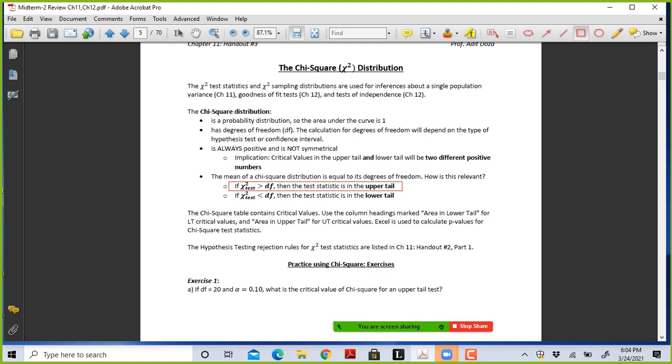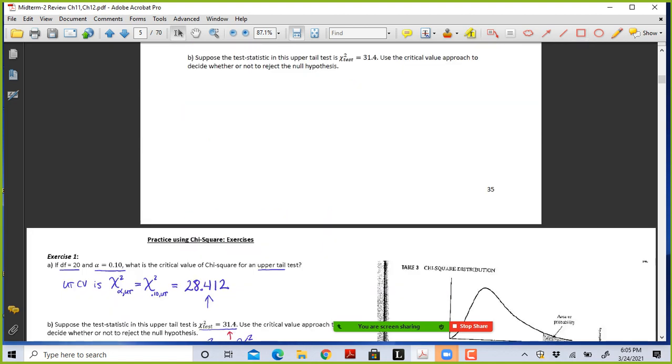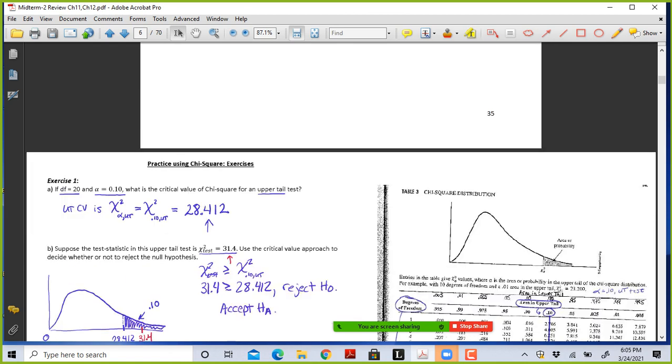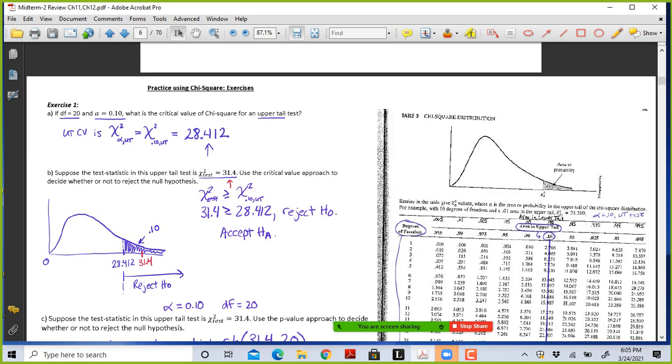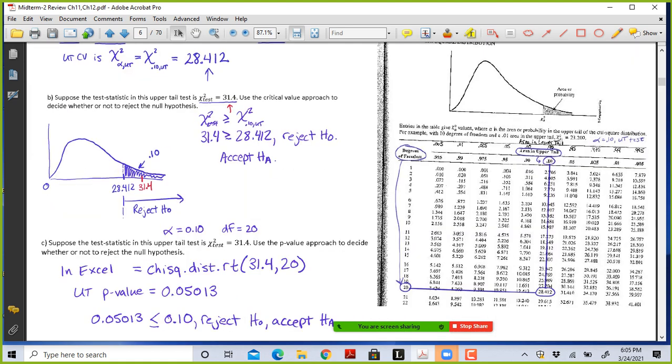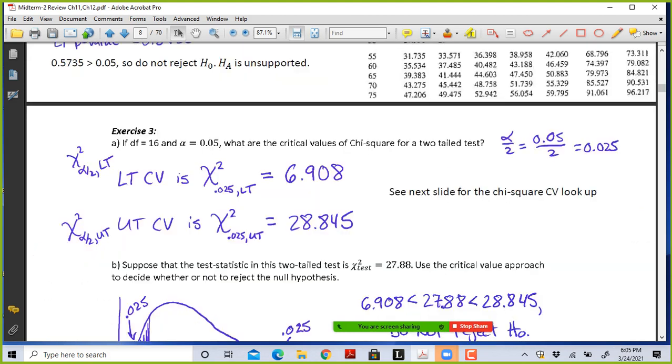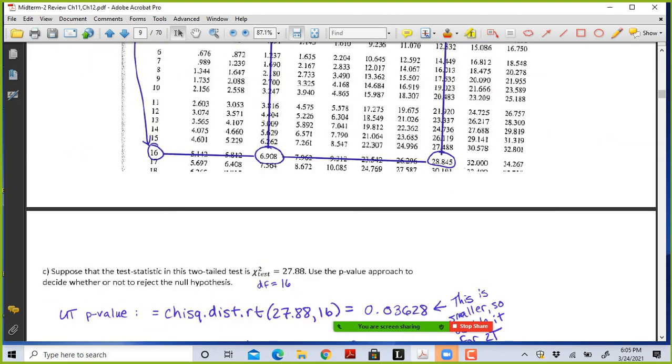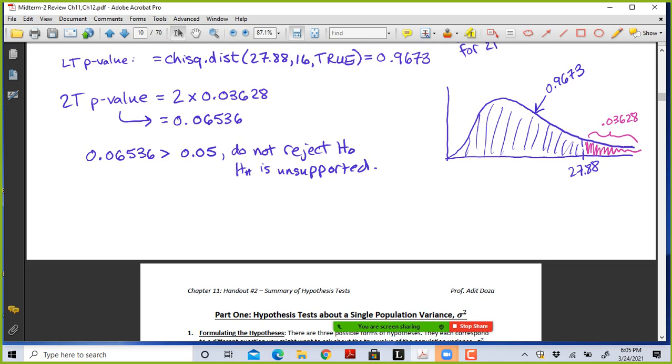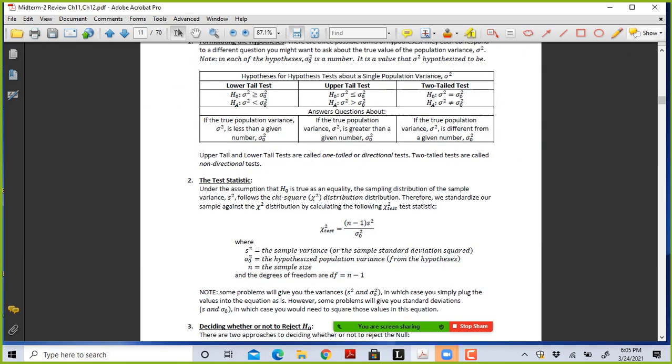If our chi-square test statistic is lower than the degrees of freedom, it's in the lower tail. And you need to know maybe the properties of the chi-square distribution. We did a lot of examples in class, and we have covered it in our lectures, so you are aware of this as well. Upper tail and lower tail chi-square value and how to use the chi-square table.